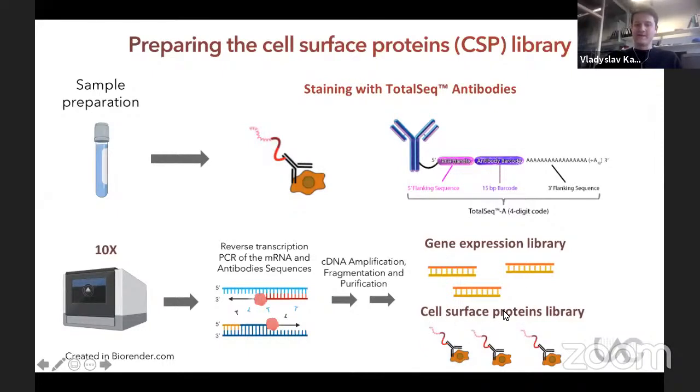That means the cell surface proteins library, or the proteomic part in that case. A very cool technique that allows you this multi-omic approach and fills the gap between the messenger RNA molecule and the protein molecule that is expressed by the cell.